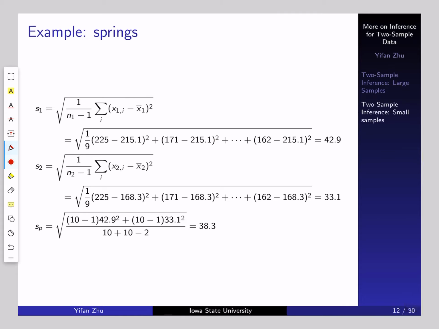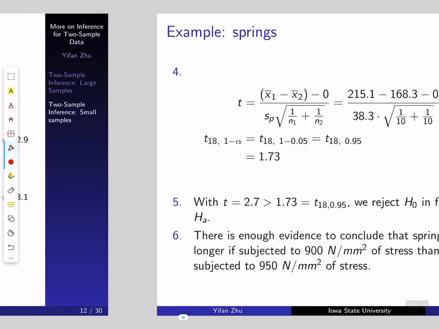And then we would just need to calculate S1 and S2 and do a weighted average and take a square root. We get the pooled sample standard deviation, which is 38.3.